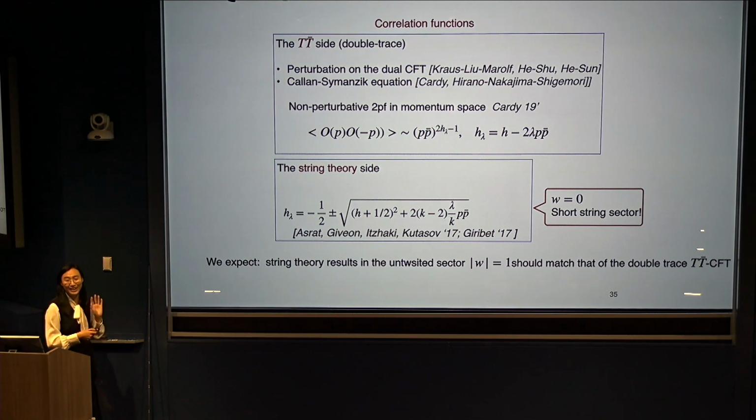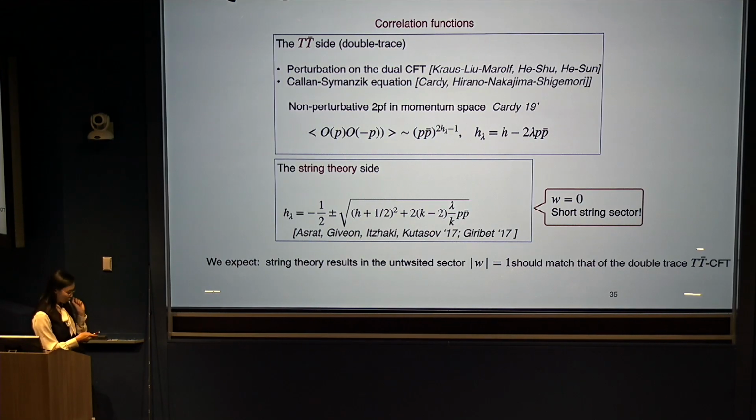The answer is they are not the same because what we expect for this single twist TTbar duality is that the long string sector with non-trivial, non-zero winding can be mapped to the TTbar result. In particular, if we are doing calculations with ordinary TTbar, then in the bulk, we should consider W equal to 1.